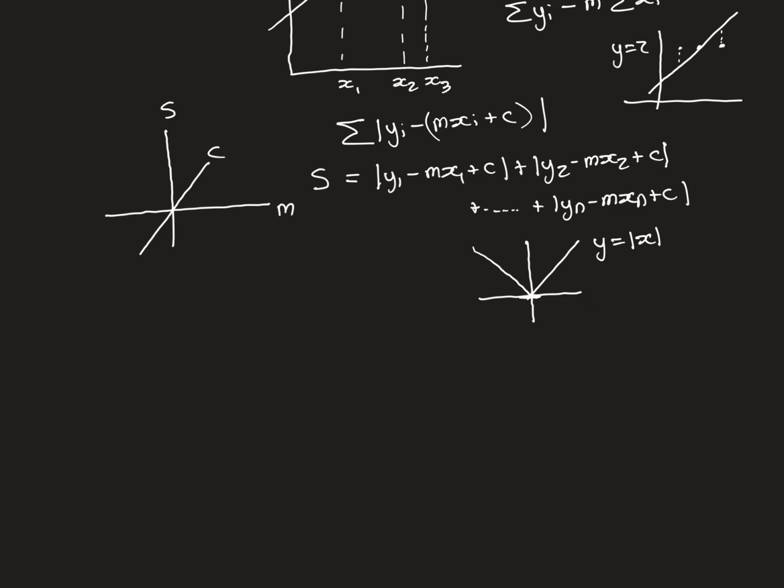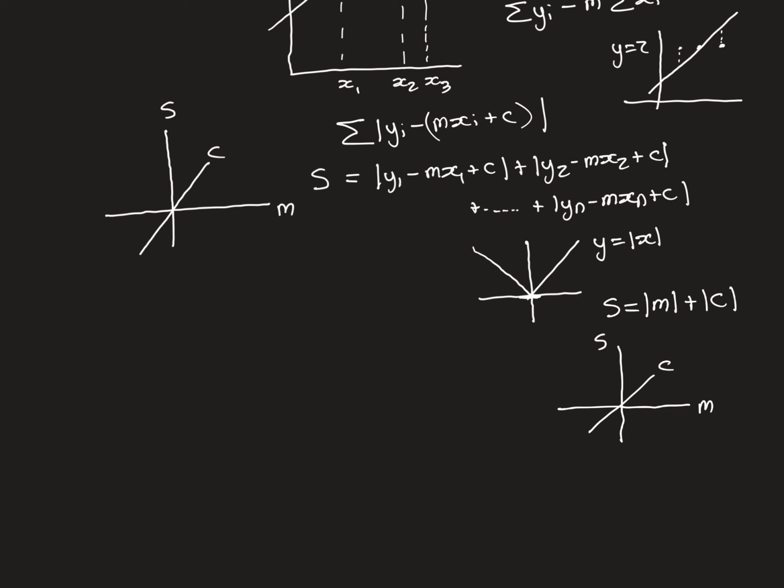In the multivariate world, we could imagine a function s is equal to mod m plus mod c. So, a little three-dimensional graph. Again, s is the vertical axis, m is here, c is here. What does this look like?